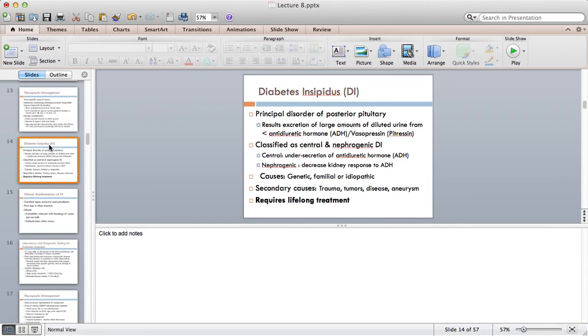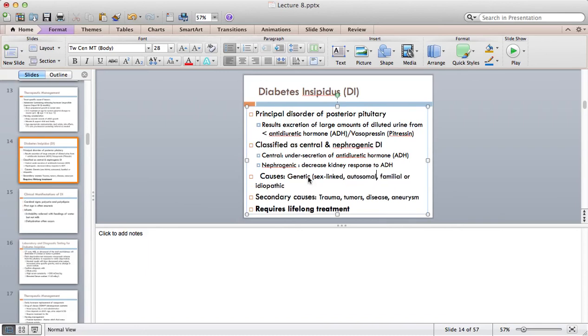Now, the other one is the nephrogenic type. This nephrogenic type is genetically transmitted. It can be sex-linked, it can be autosomal, dominant or recessive.